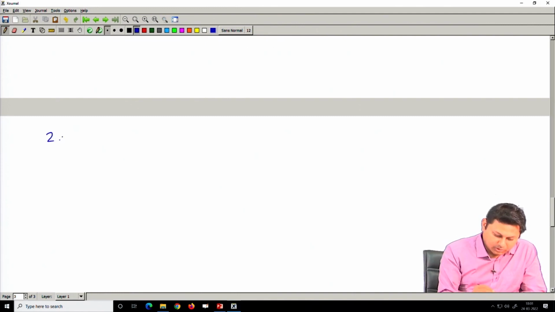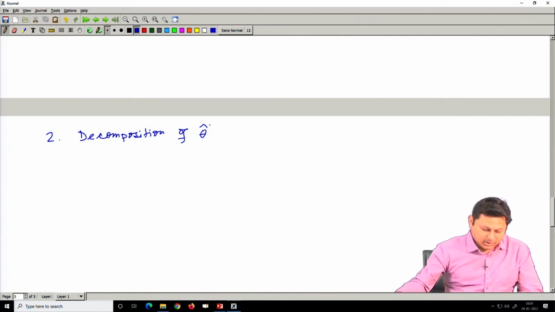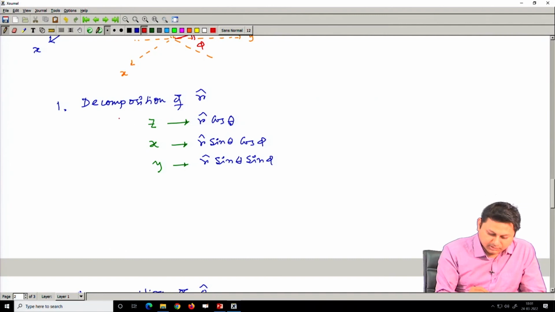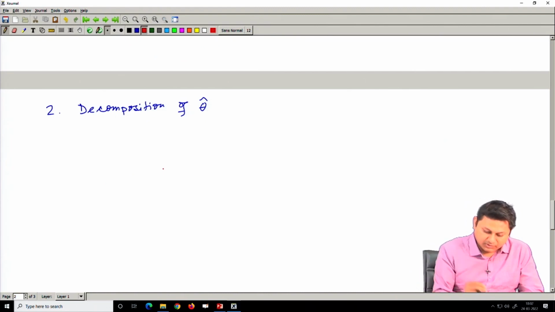So, mind it, these are the components we are looking for: z component, x component and y component.